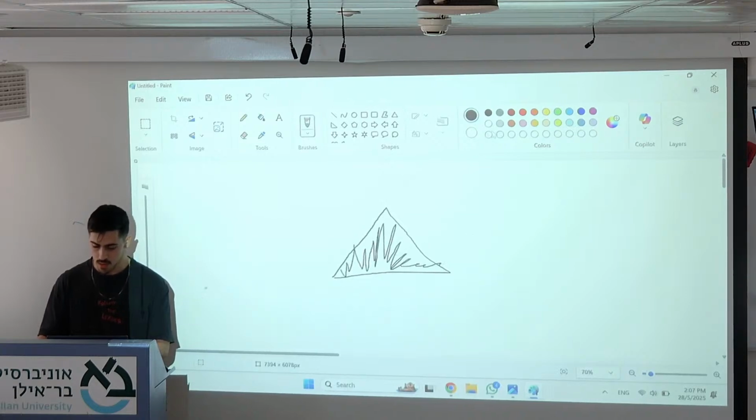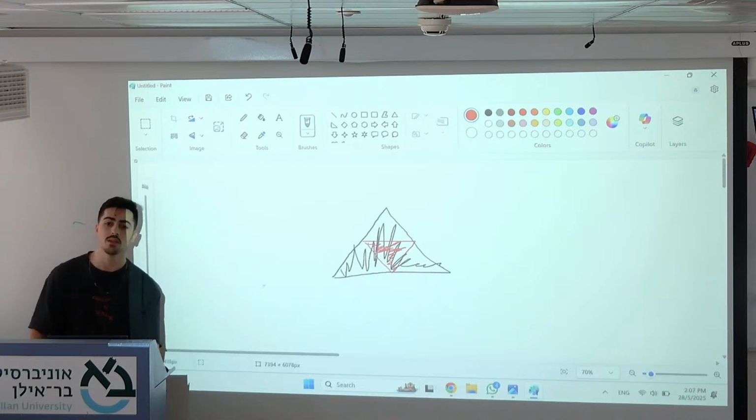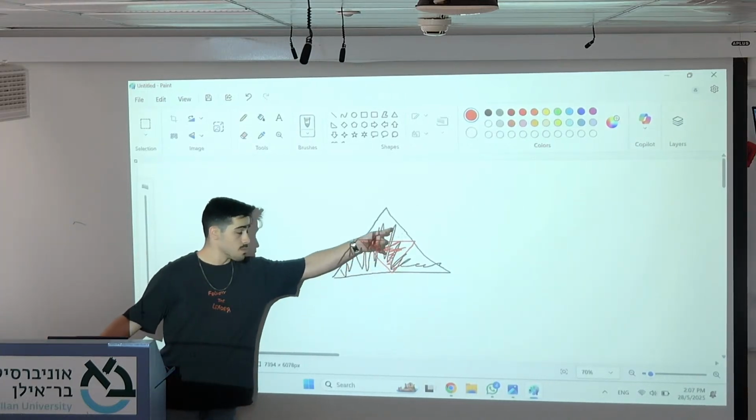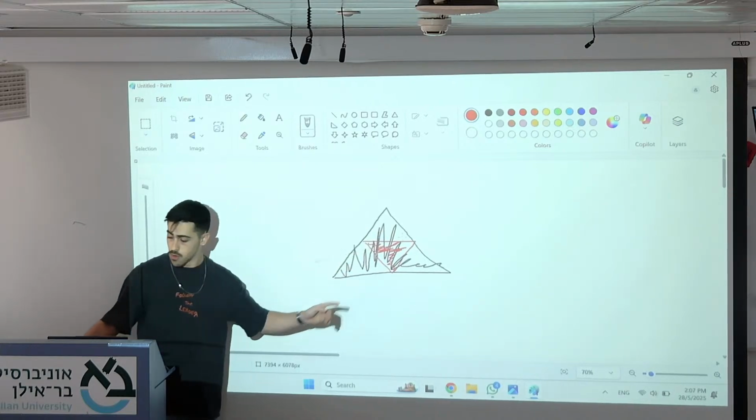Then you erase from it an upside-down triangle, half its size. I'm denoting erased areas by red. Then you repeat this process for each of the three smaller triangles that you created, right?